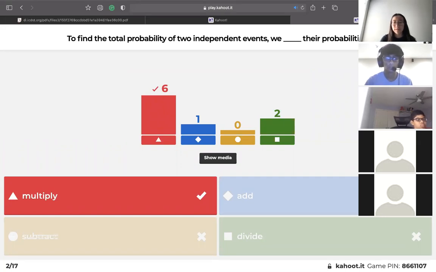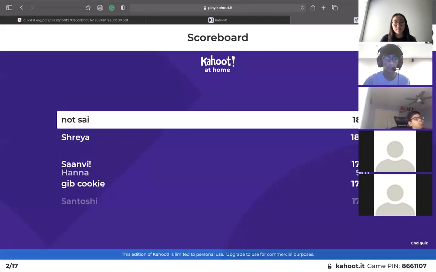Yep, you multiply the chance of 2 independent events happening. Wait, somebody said we divide. Okay. Remember, we multiply the 2 probabilities by each other, or the 2 total amount of possibilities.